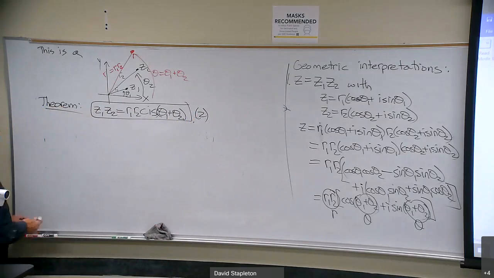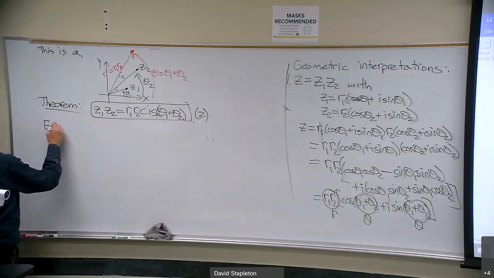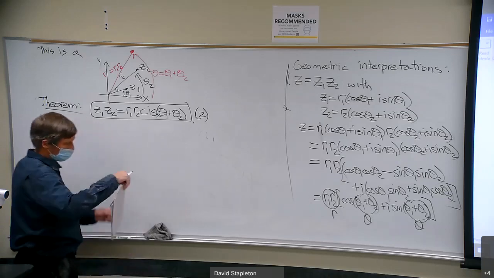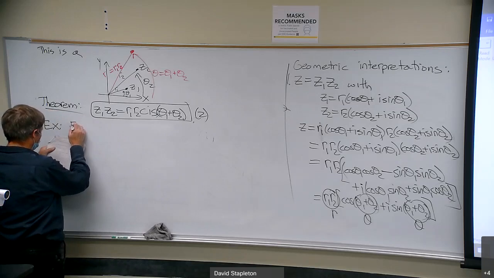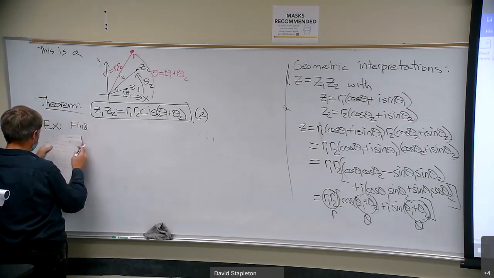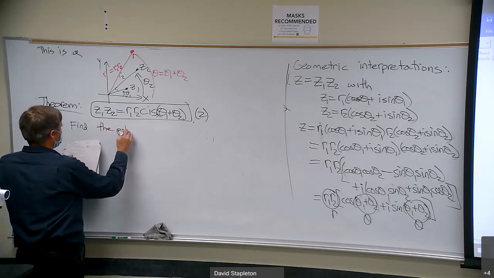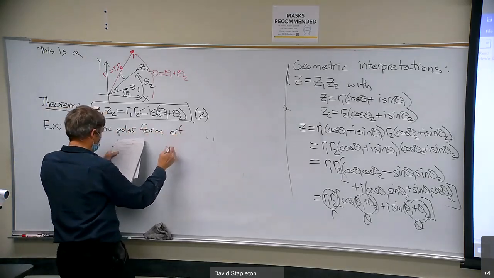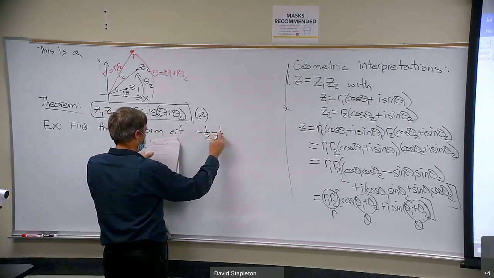We'll get an example now because I haven't even done a review of polar form. Let's try a couple of examples off the homework here. See when you do the homework if this lines up with what you do. Find the polar form of the complex number whose standard form is minus a half i.